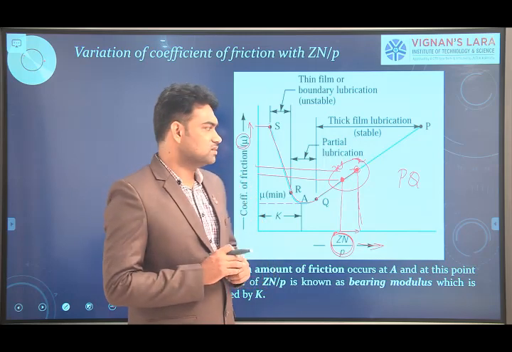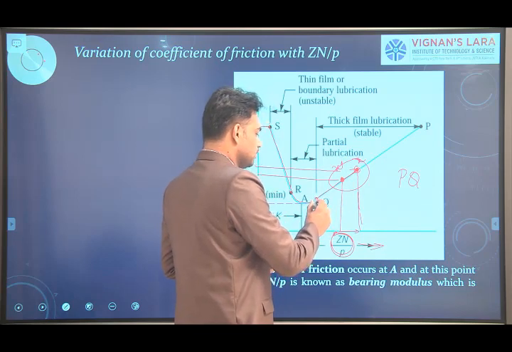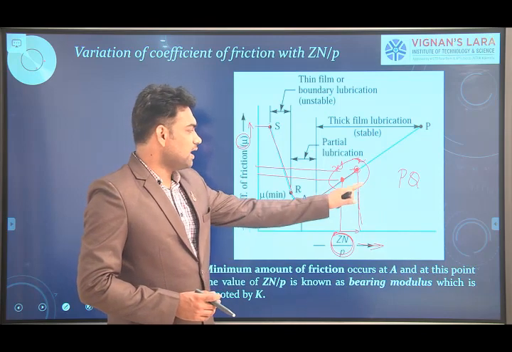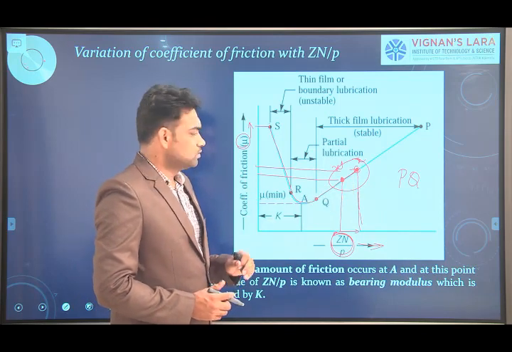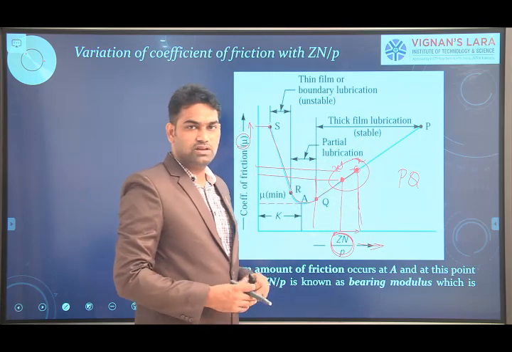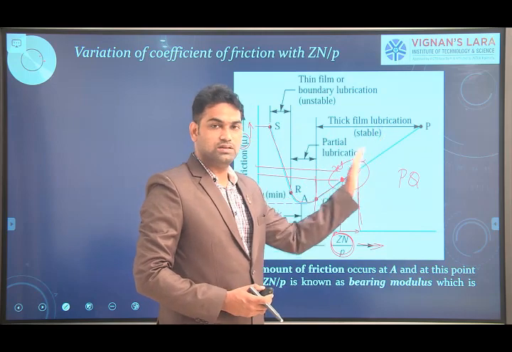So that is the reason. Suppose the bearing is operating between point P and point Q. As it has the self-adjusting mechanism, this is the only desirable region where the bearing should operate, between P and Q, that is the stable region.